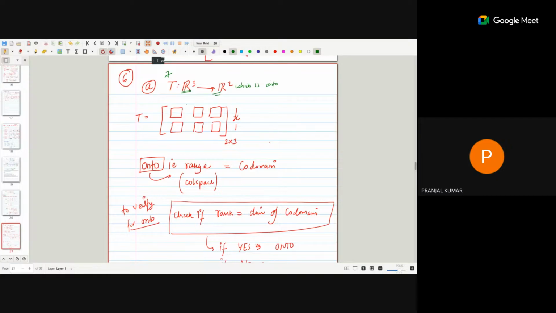When a linear transformation is from R3 to R2, the matrix corresponding to it will be of order 2 cross 3. That is, 2 you pick from your codomain and 3 from your domain. So this will be the order of the matrix. First tell me, is this part clear?